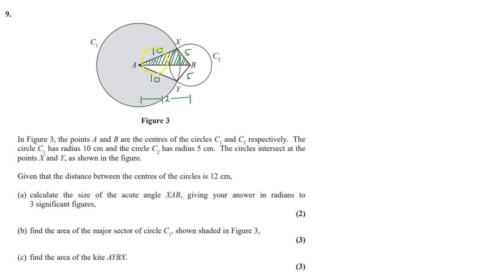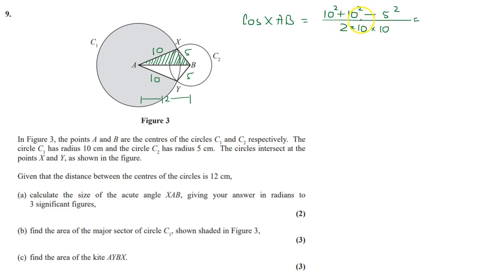So cos of angle A, cos of XAB, we know that this side and this side are the sides making this angle. So 10 square plus 10 square minus the side opposite the angle we want to know, 5 square, over 2 multiplied by 10 multiplied by 10.